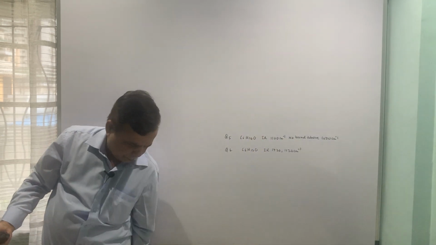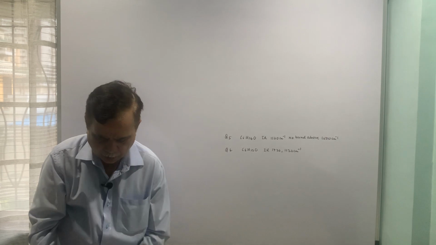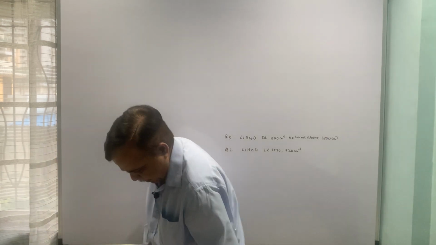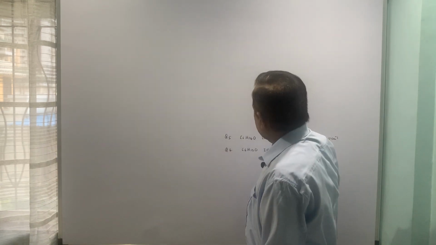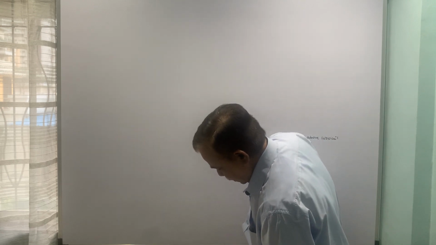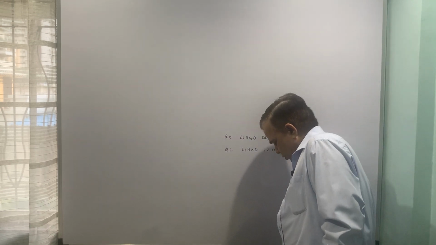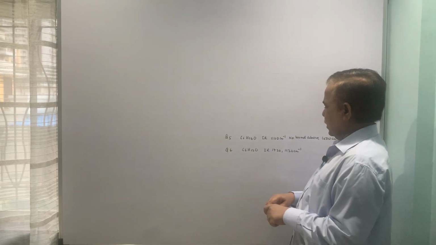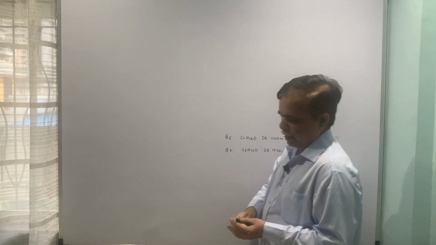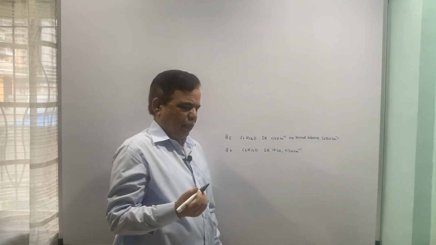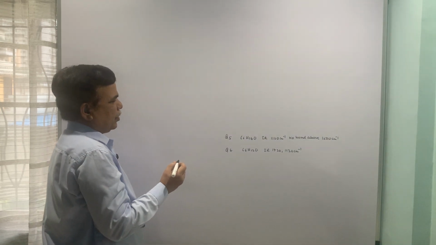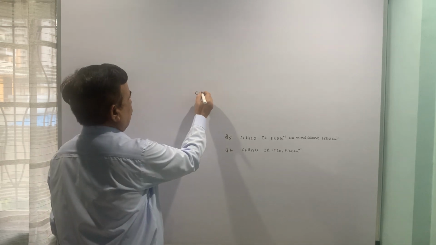Okay. Now the other two examples. C6H14O, and only one signal is given in infrared, that is 1100. Now 1100 suggests only one functional group, that is C-O.